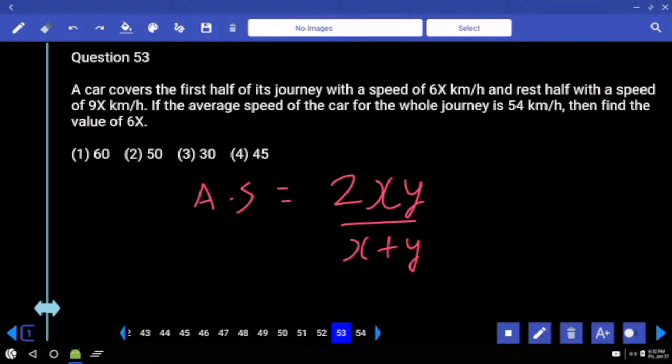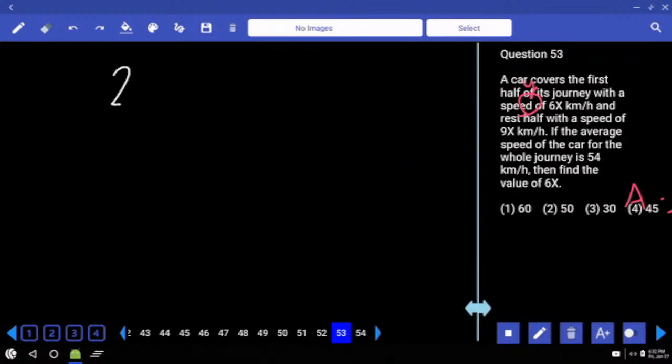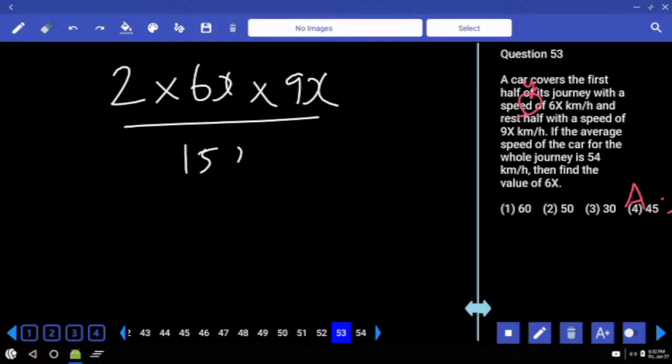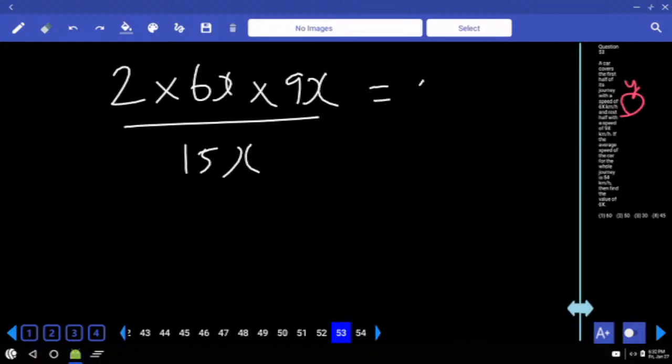Now he has already given two speeds. We can consider this as x and this as y. Yes or no? So 2 into 6x into 9x, divided by 6x plus 9x, which is 15x. The average speed is what? He has given the value already, 54. Yes or no? Now what do you get here? 6, 9 and 9 cancel.